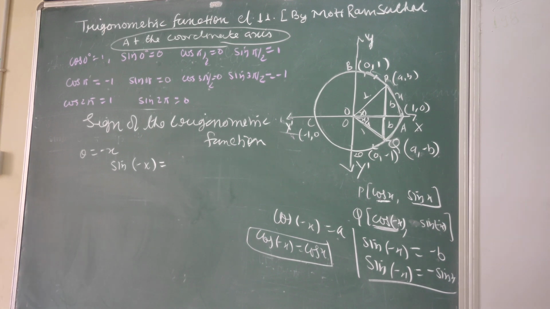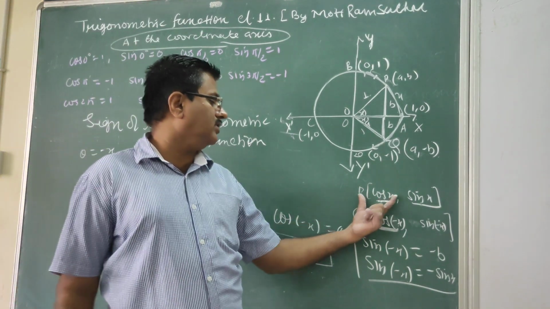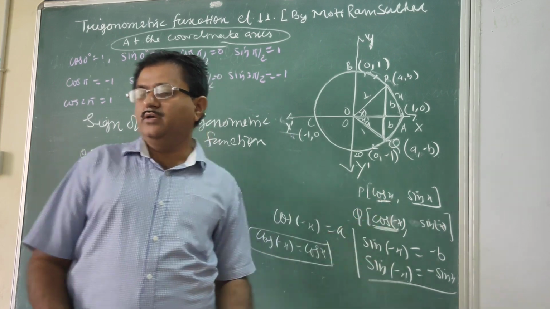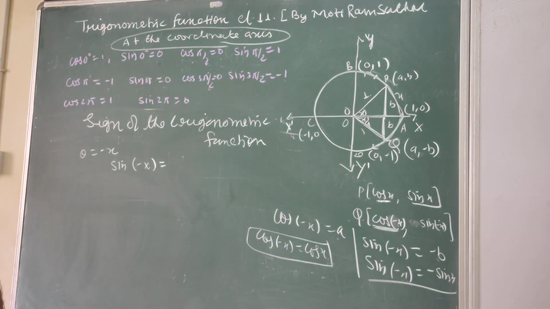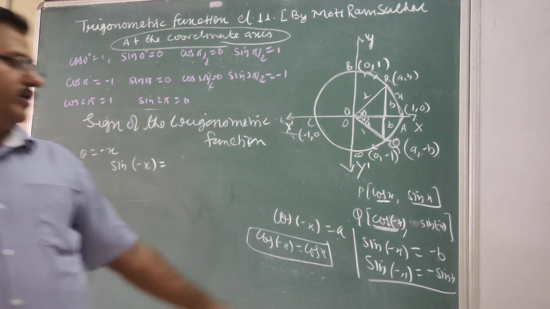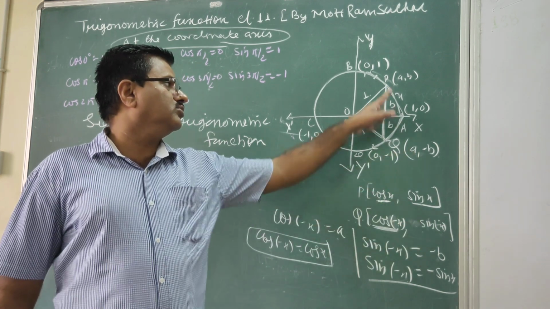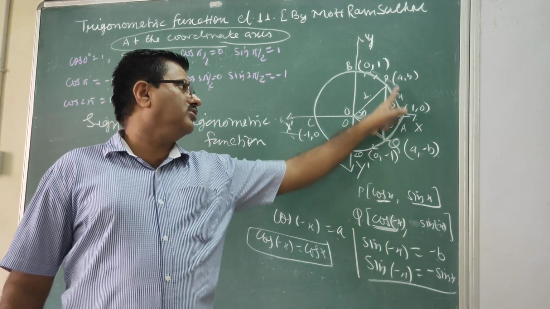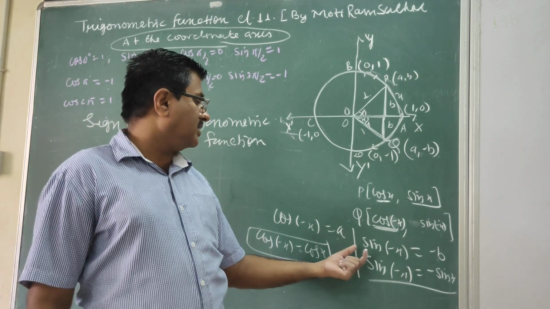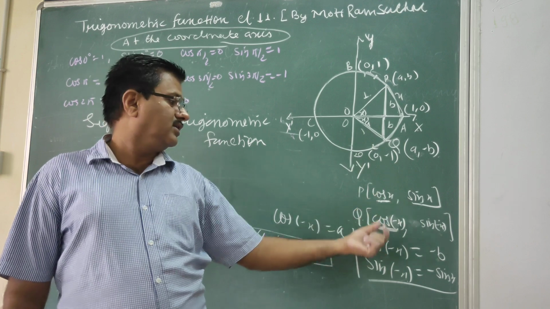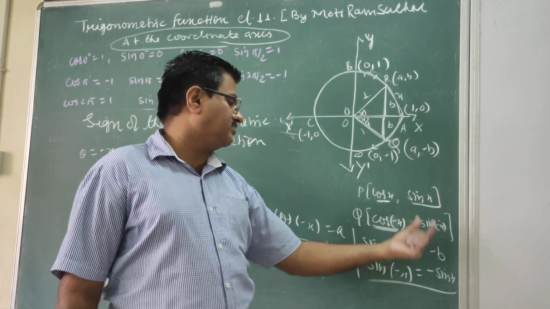Here we are comparing the coordinates for P and Q. In general, we are taking the coordinate of the point P as cos x and sin x, and similarly for the point Q, cos minus x and sin minus x. These two we are comparing. So cos minus x should be equal to cos x, and similarly sin is replaced.